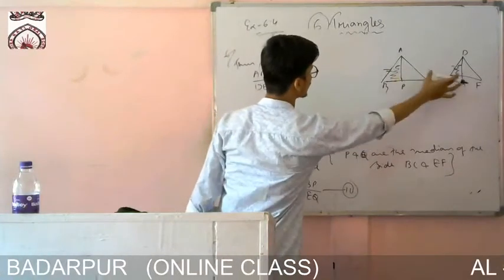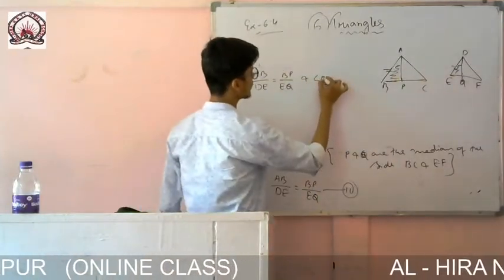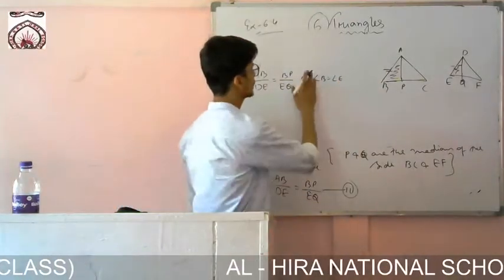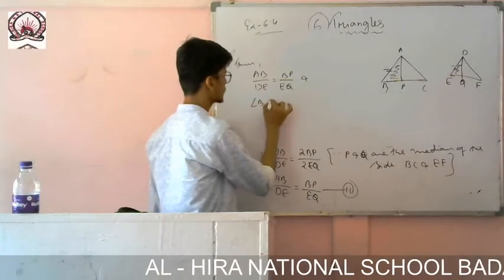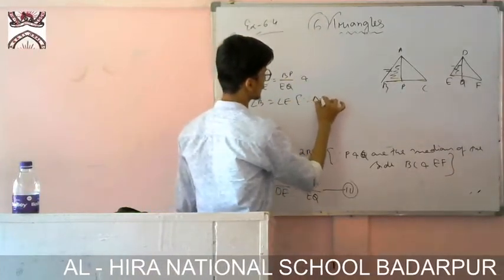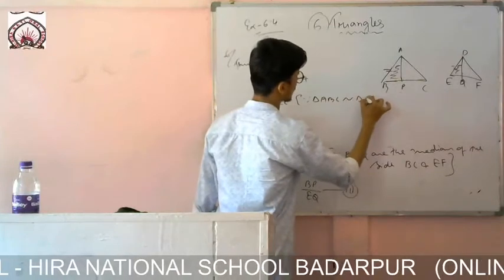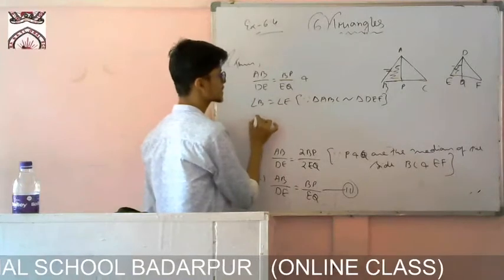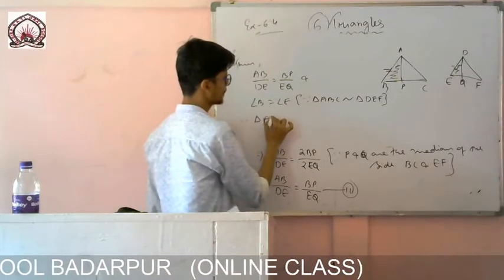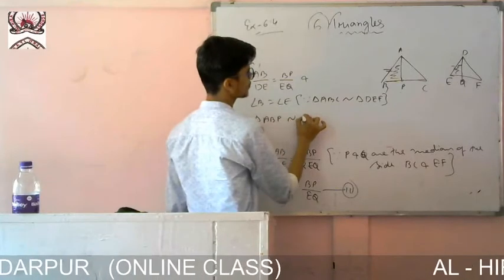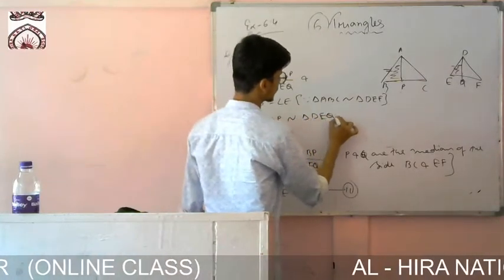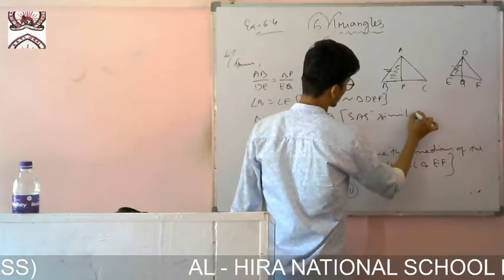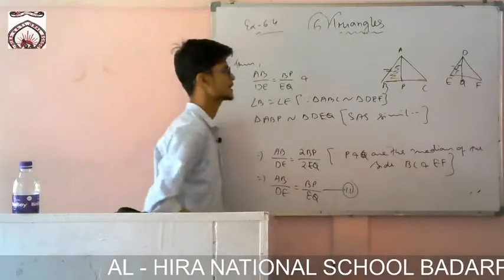Write it below: angle B equals angle E, since triangle ABC is similar to triangle DEF. So two sides and one angle are equal, so I can say that triangle ABP is similar to triangle DEQ, and the reason will be side angle side similarity. Write it.